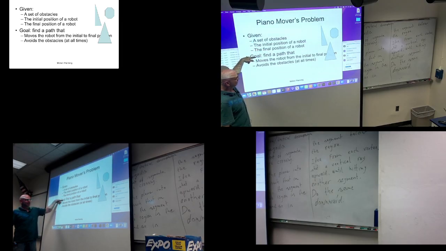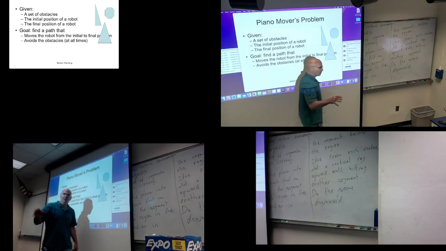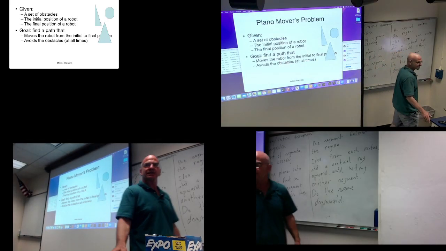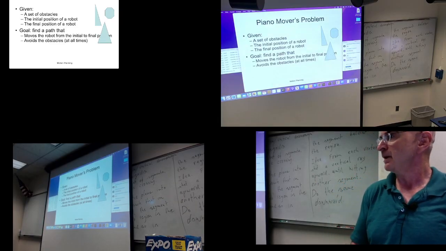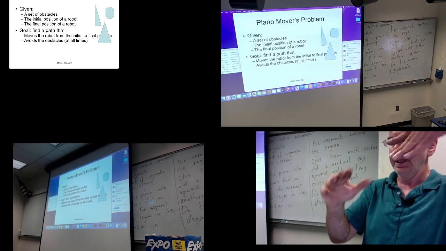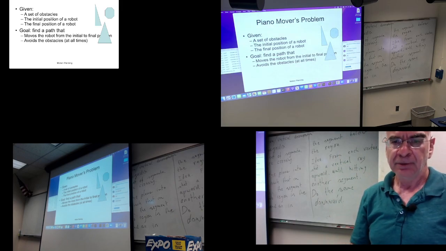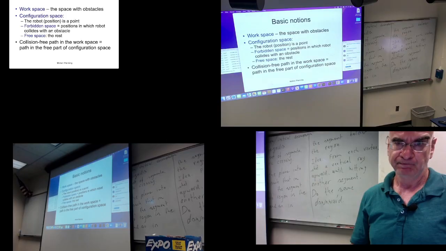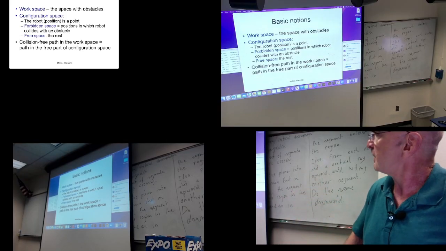The goal is to find a path, not necessarily the shortest path, just a path that starts at the initial position and ends at the final one, and your robot cannot hit any of the obstacles. Of course, in general, this robot might have multiple arms and links and joints and multiple degrees of freedom. We'll start simple. But what we're doing is applicable to robotics all over the place.